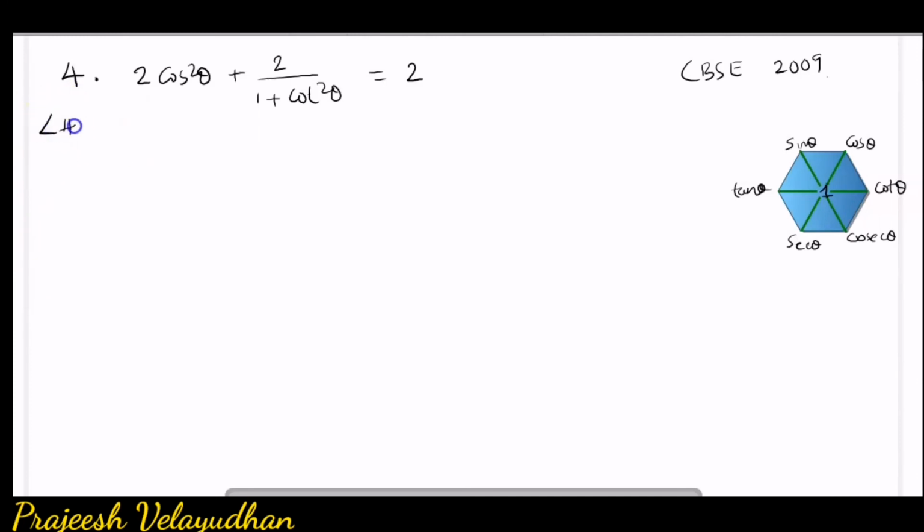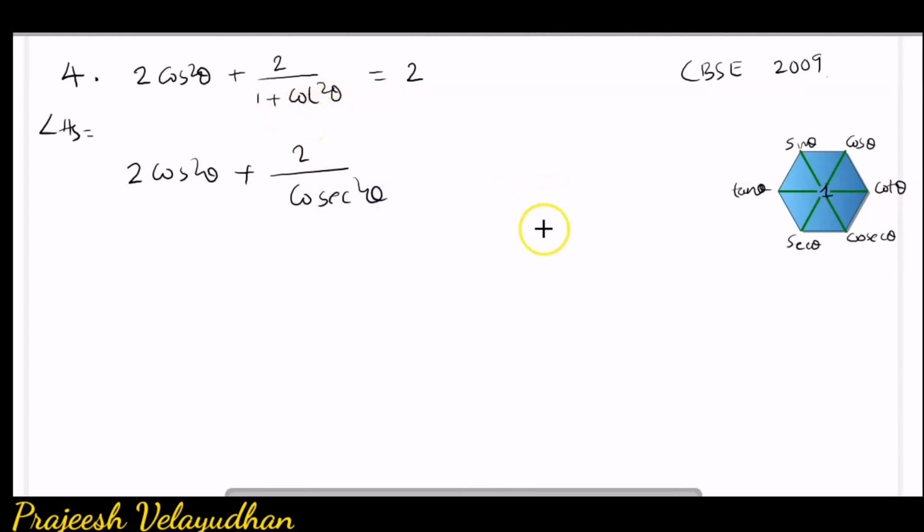So here the LHS is 2 cos square theta plus 2 by 1 plus cot square theta. 2 cos square theta we can write as it is. What is 1 plus cot square theta? We know 1 plus cot square theta is cosec square theta. So it is 2 by cosec square theta.